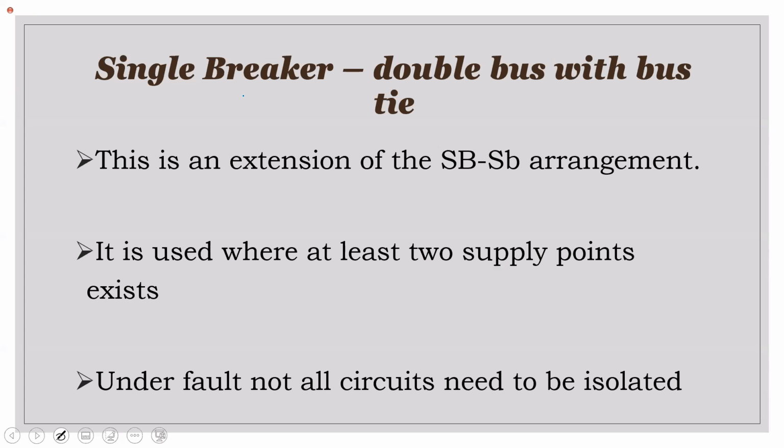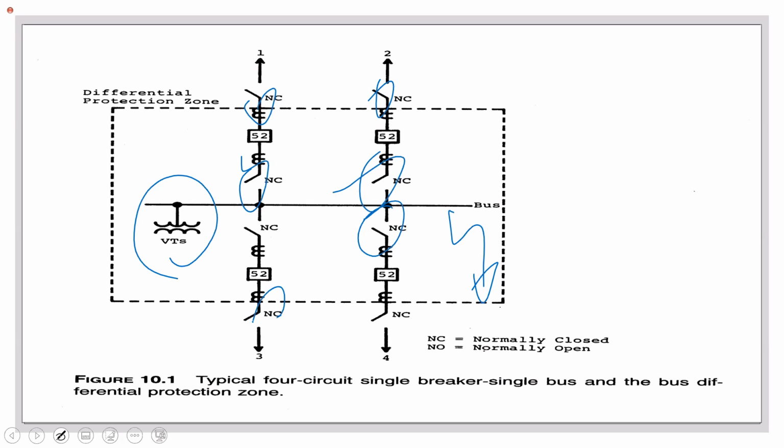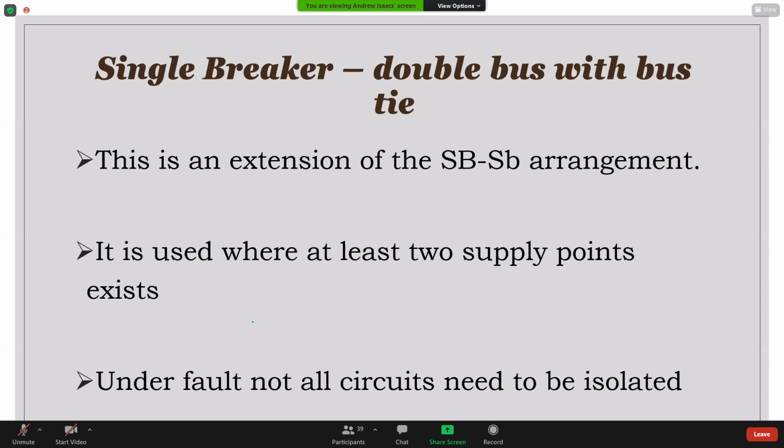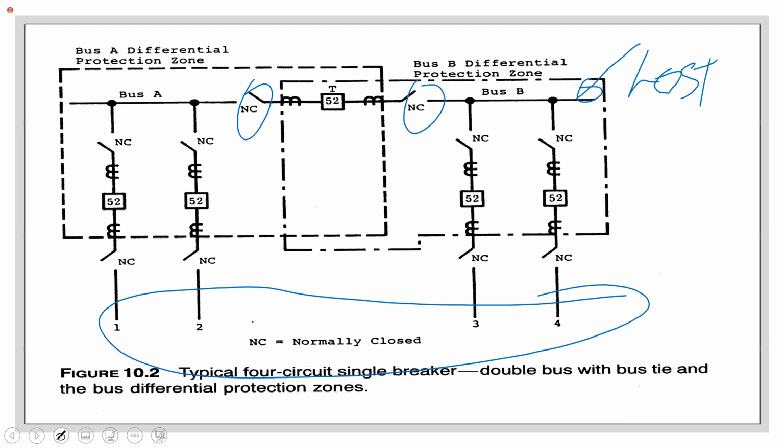Whereas for this one, if I had a fault on the bus, all of these would open, and therefore all 4 circuits would lose power. In this case, only 2 of the circuits would lose power if I had a fault on one of the buses. All right? So this is not totally lost. It is not all lost, but you still suffer some losses.